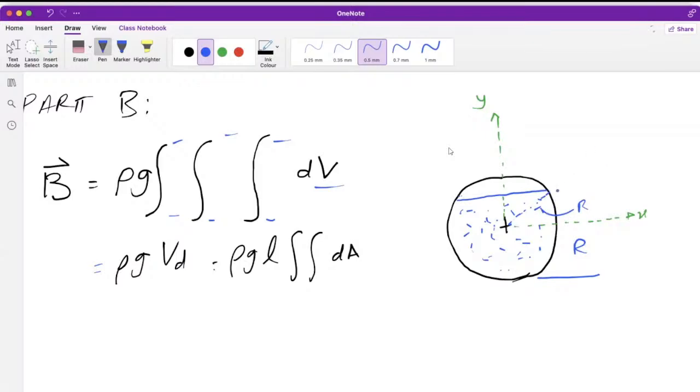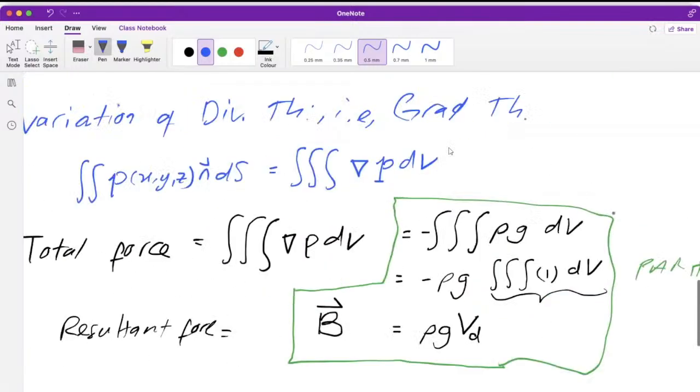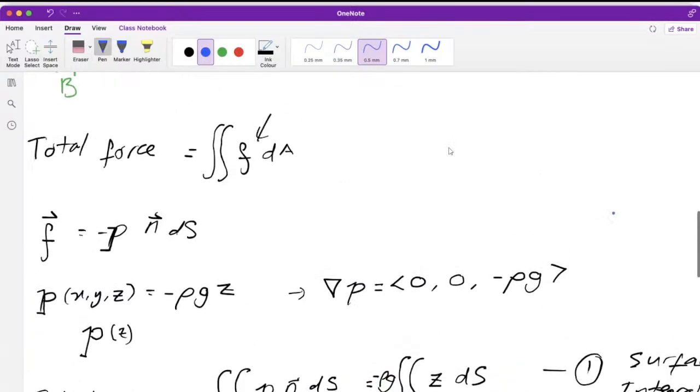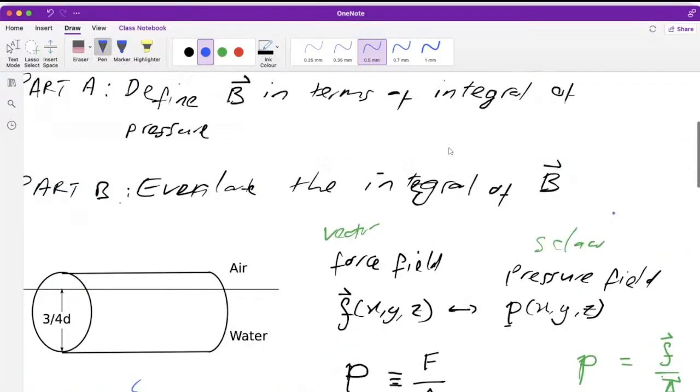And the distance from the center to where we define the water line, we said that it's immersed 3/4 of the diameter.